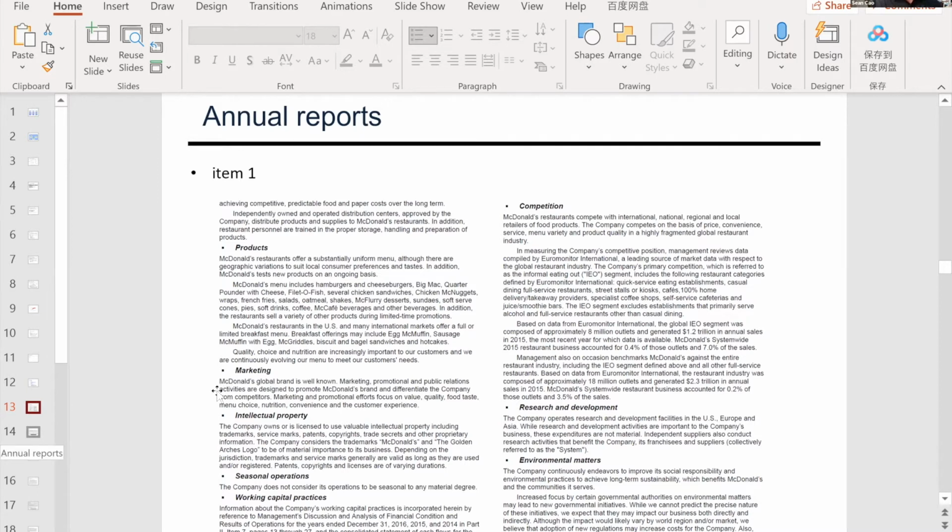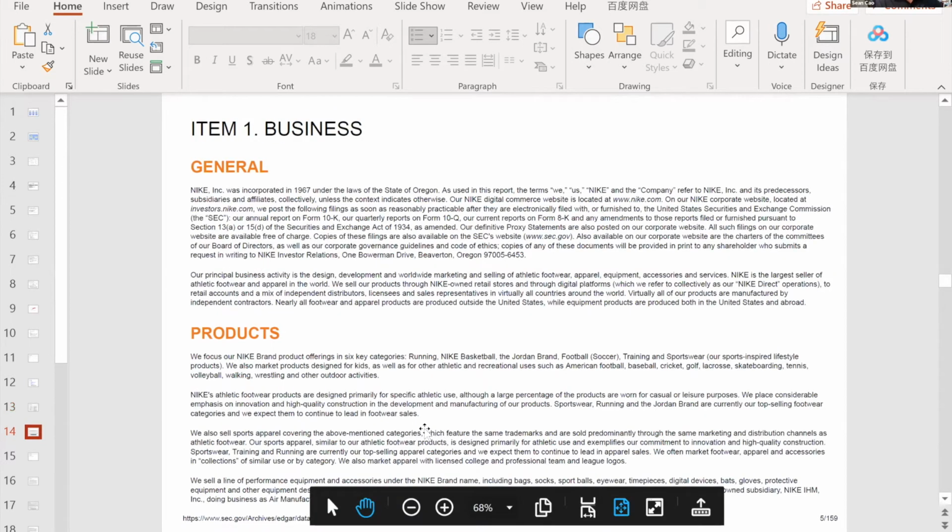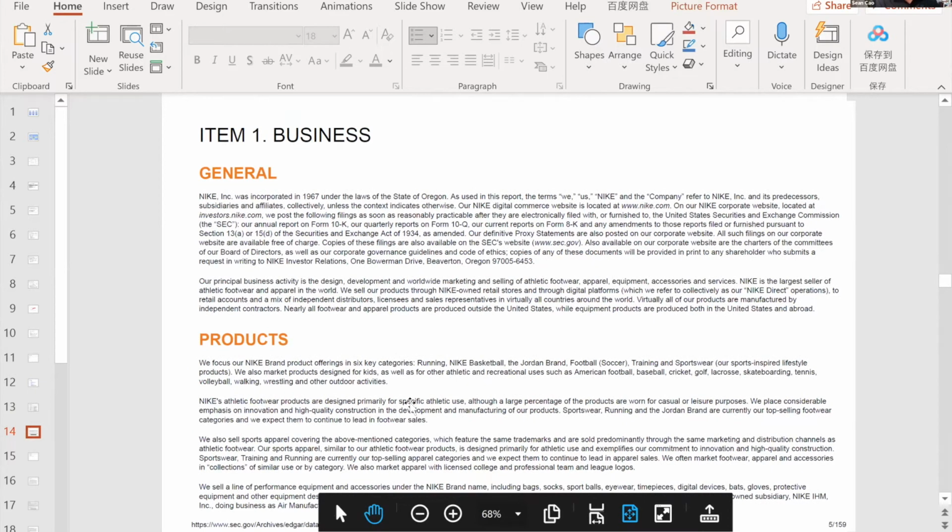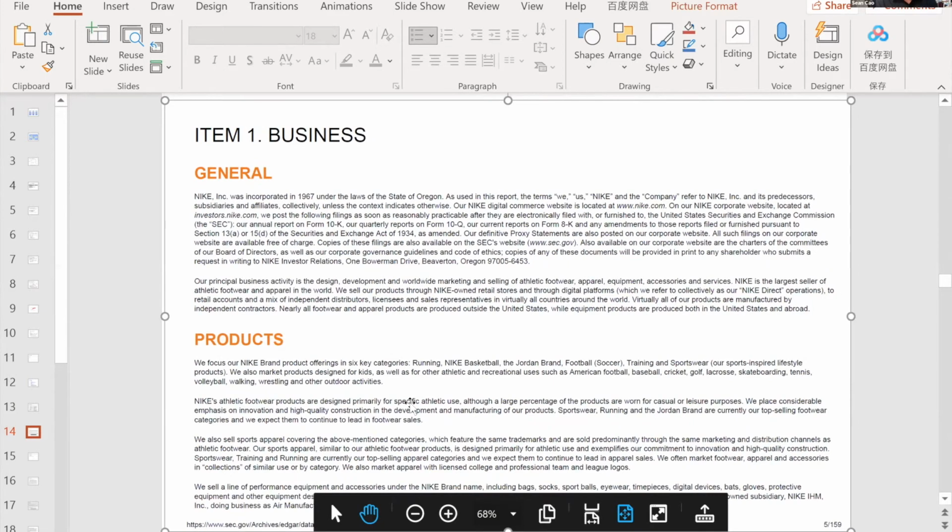This is Nike. Let's see the Nike. They also first talk about their general businesses, and they said we focus on the Nike brand product, offer 6 key categories: running, basketball, Jordan brand, football, soccer.